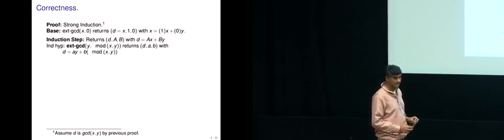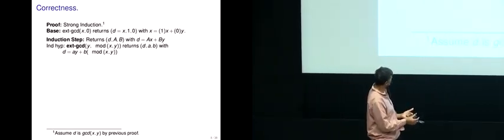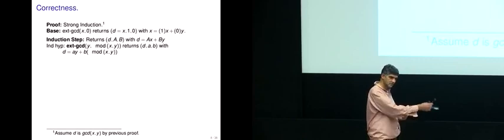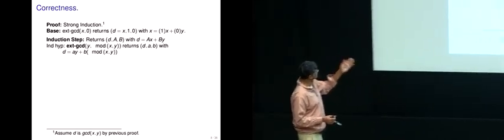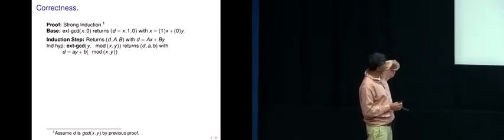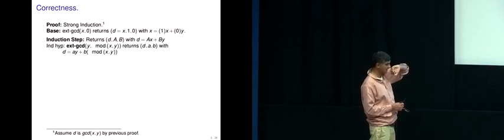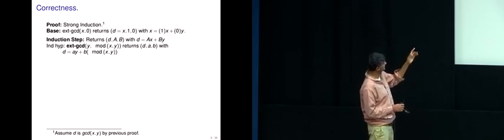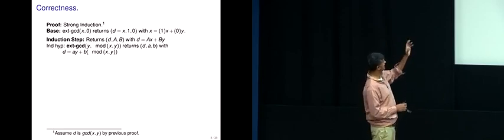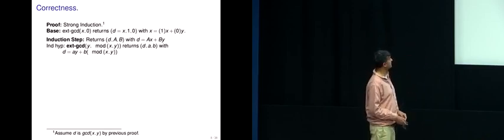That it returns D and A and B, and our inputs are X and Y. So D should be A times X plus B times Y. Right? Okay. So we can assume by an inductive hypothesis that the extended GCD on these smaller values, Y and X mod Y, returns D, A, B, right? And it satisfies this equation with D equals A times Y, because now Y is the first argument, and B times the second argument, which is X mod Y. Okay?